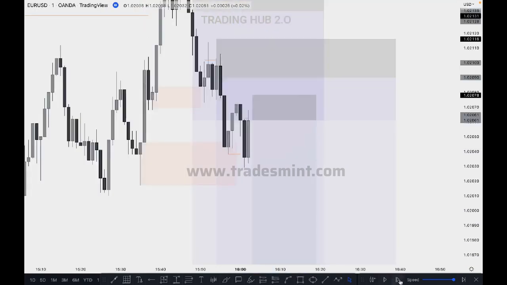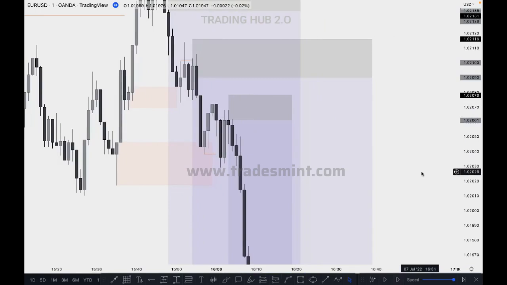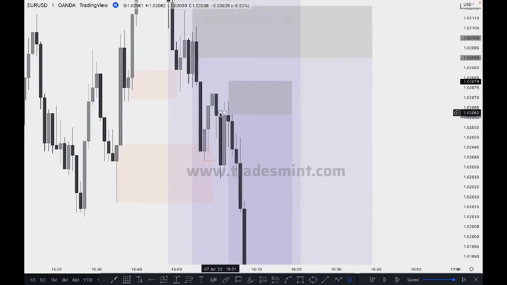Now let's see. You can see how price smoothly worked here. Market swept this previous high, took out this high and closed below it, and we can enter on the next candle which is here and put the stop loss just above it.